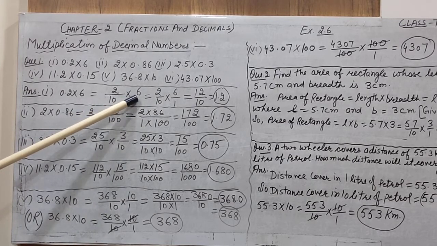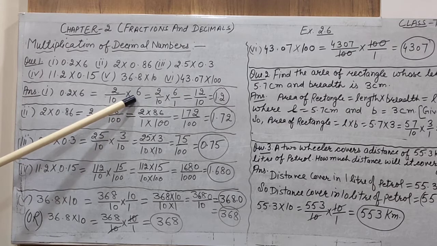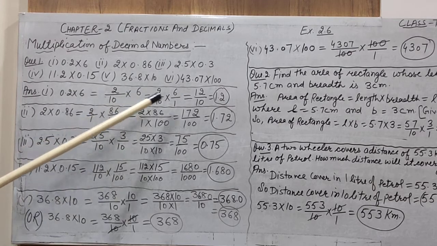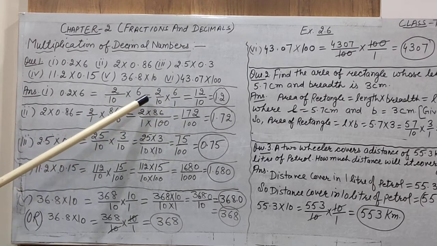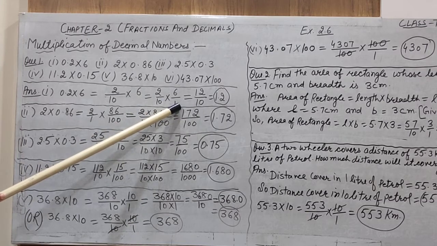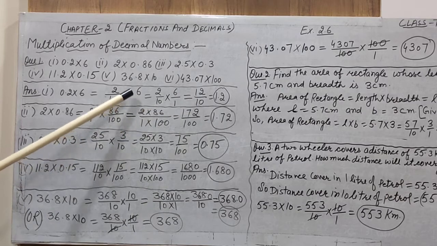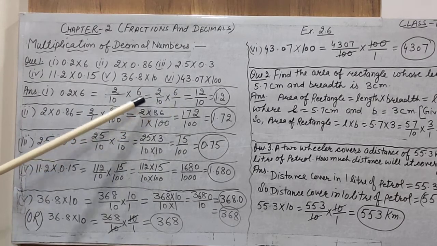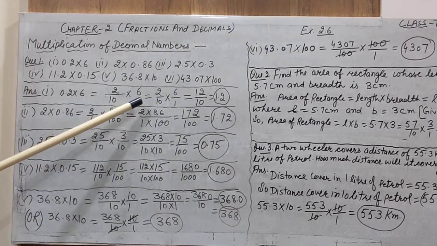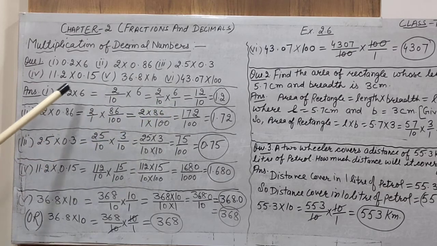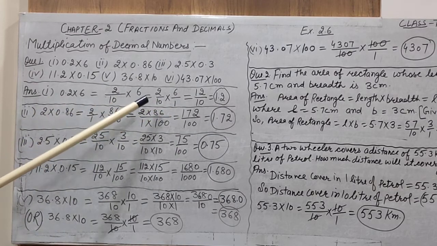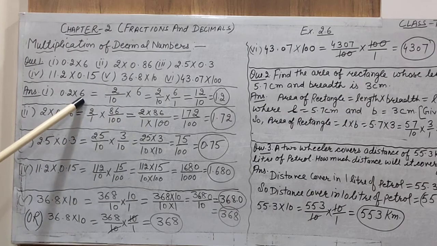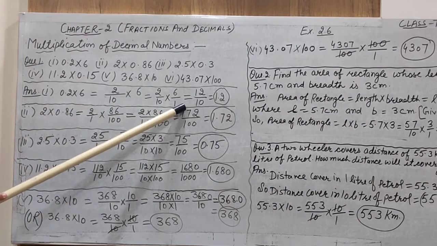We also change this whole number into a fractional number by dividing it by 1, as 1 is the multiplicative and divisive identity. So we can write 6 by 1 in place of 6. Up to this process, we have changed the decimal number into a fractional number and the whole number also into a fractional number.